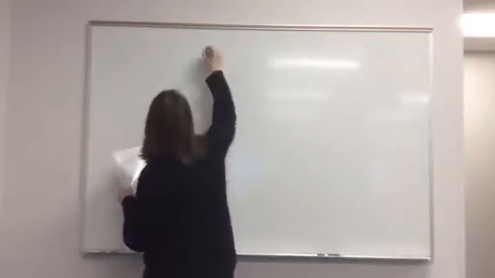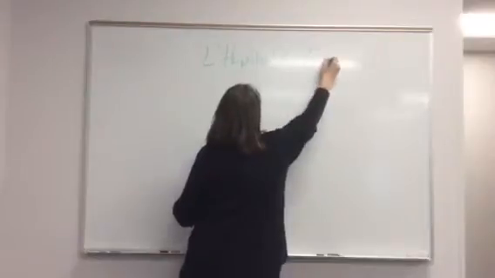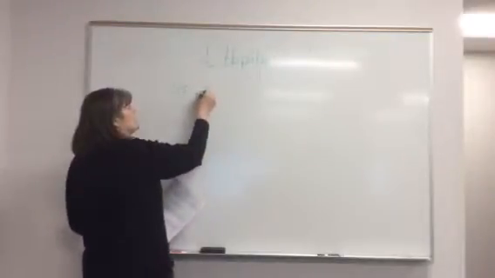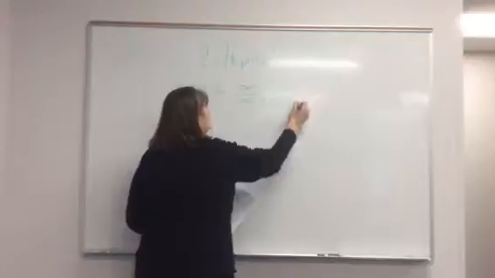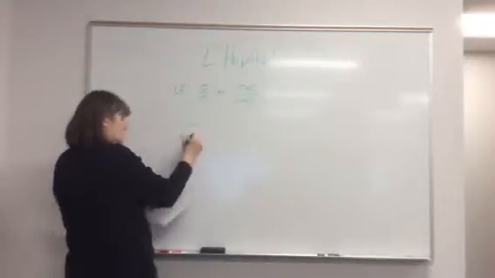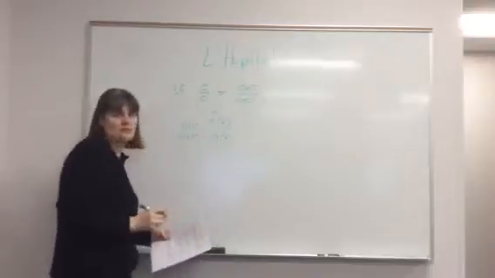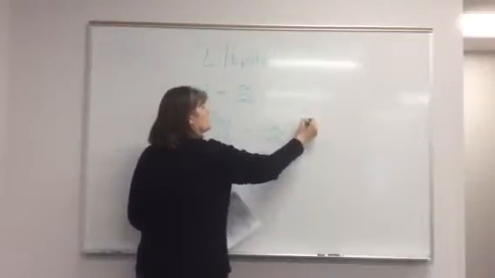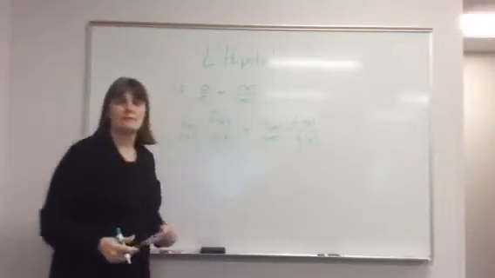And so he discovered that if, when you plug it in, you get 0 over 0 or infinity over infinity, then the limit as x approaches some number c of some function divided by another function is equal to the limit as x approaches c of the derivative of the top function divided by the derivative of the denominator, the bottom function.